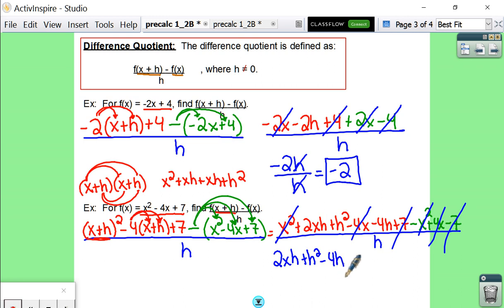If you ever have anything left behind that doesn't have an h, you've probably done something wrong, because all of these need to be divided by h. This gets divided by h, this gets divided by h, this gets divided by h. So we should get some h's canceling. And here, this h cancels out with one of these. So technically, my answer is 2x plus h minus 4.